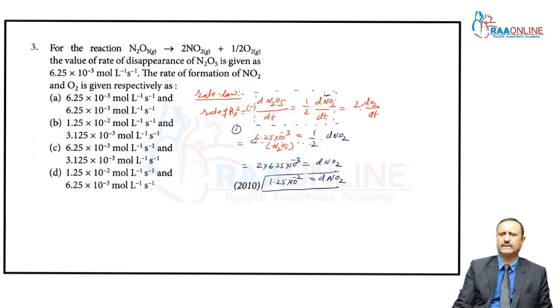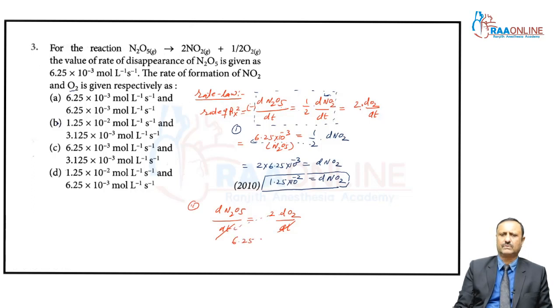Now, we calculate the concentration of O2, because here they want the concentration of O2 with N2O5. Then, my dear students, you can write the equation: d[N2O5]/dt equals 2 d[O2]/dt. Because time is constant, you can see 2 d[O2]/dt. To get the concentration of only d[O2], 2 is divided by N2O5.